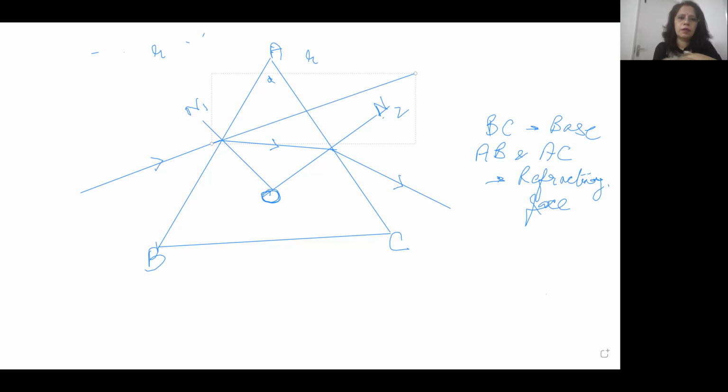Let me name this K. Let it have gone till the point K. It would have extended till K. Now, if it has shown refraction, that means it has deviated from its path. Now, how it has deviated, we will be seeing this.